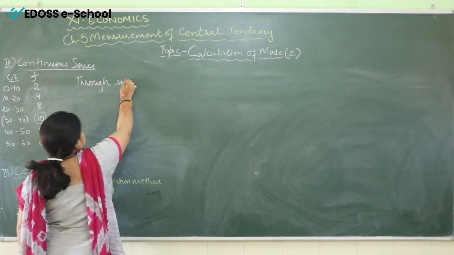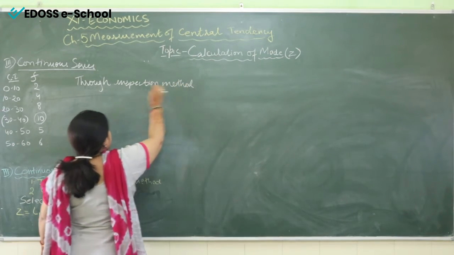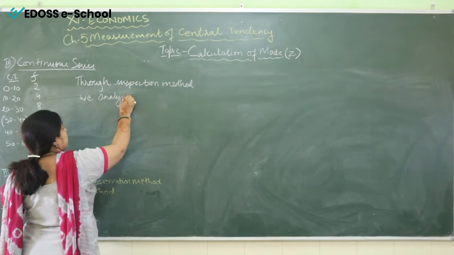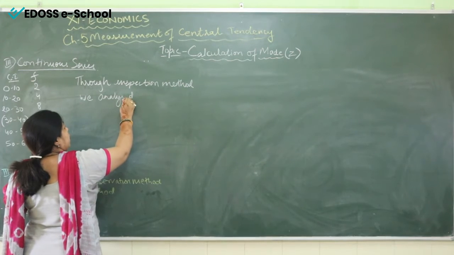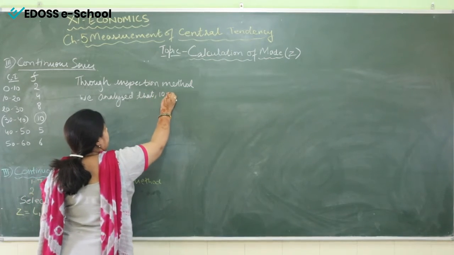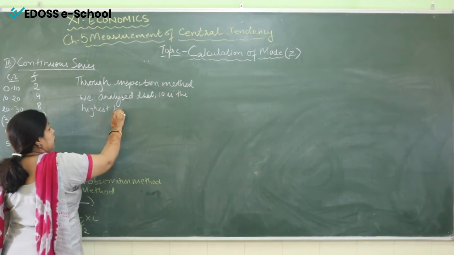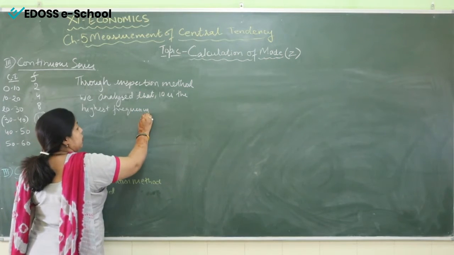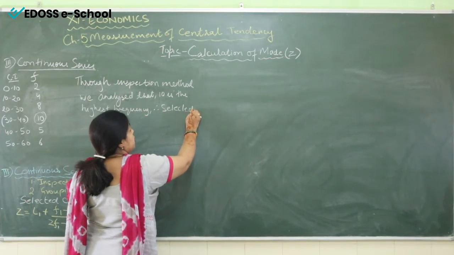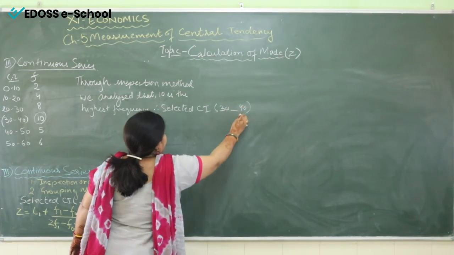So through the inspection method, we analyzed that 10 is the highest frequency, therefore the selected Ci is 30 to 40.